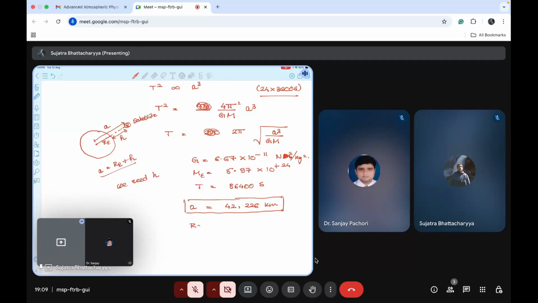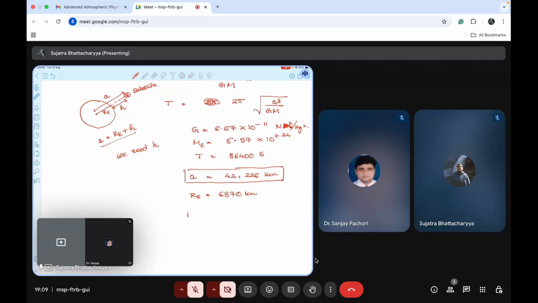So RE we know is 6370 kilometers. So H is A minus RE. It gives you approximately 36,000 kilometers.